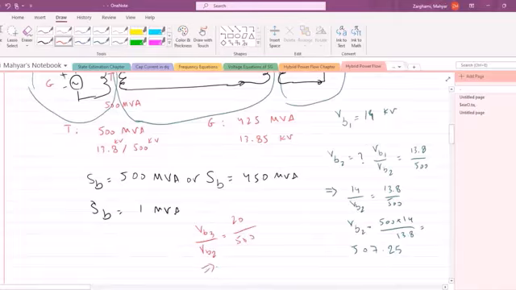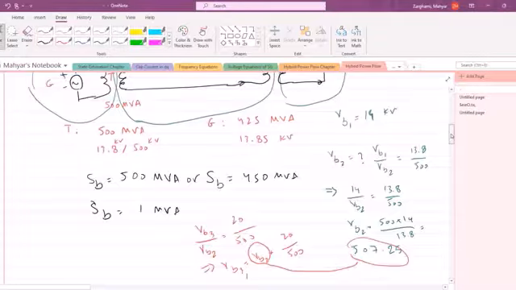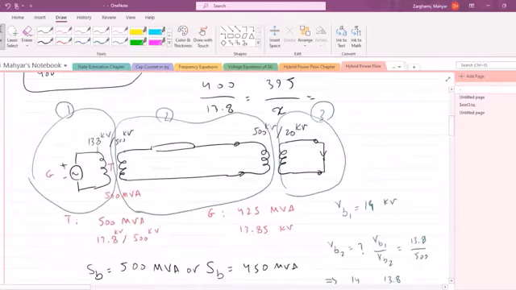So from here, V base 3 should be found from V base 2 times 20 over 500. Whatever value you found for V base 2, put it in here to find V base 3. But again, if you had chosen the nameplate as the voltage base, you would have known that V base 1 would be 13.8, V base 2 would be 500, and V base 3 would be simply 20 kilovolts, right? So you didn't need to do these calculations.